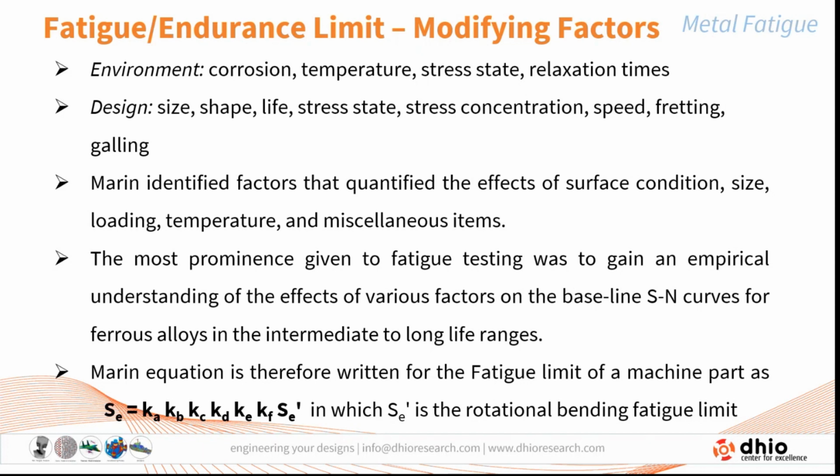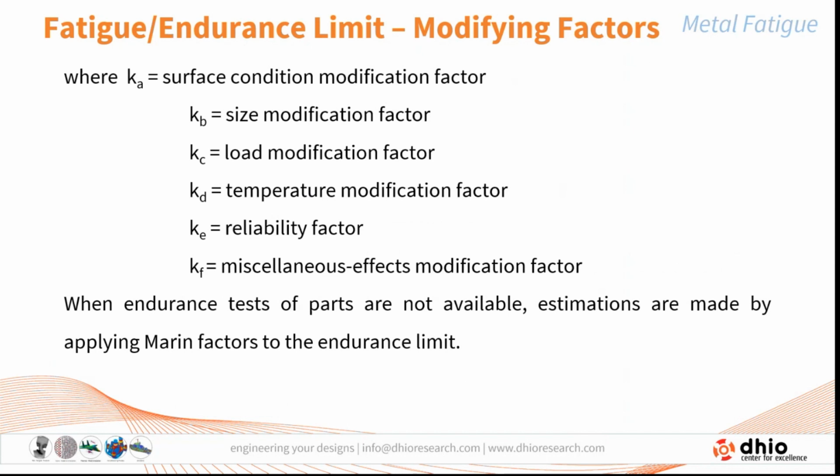And Se dash is nothing but the endurance strength of that particular material for the standard specimen under rotating bending fatigue limit. Now, Ka is the surface condition modification factor, Kb is the size modification factor, Kc is the load modification factor, Kd is the temperature modification factor, Ke is the reliability factor, and Kf is the miscellaneous modification factor.